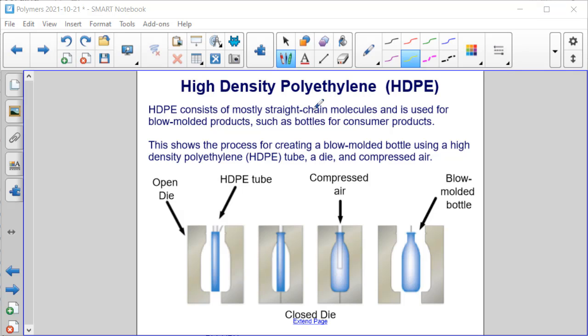So there's the die cast for the bottle. We put the HDPE tube in, we close it, we force compressed air, which molds it to that die, and then we remove the die and we're left with this blow molded bottle.